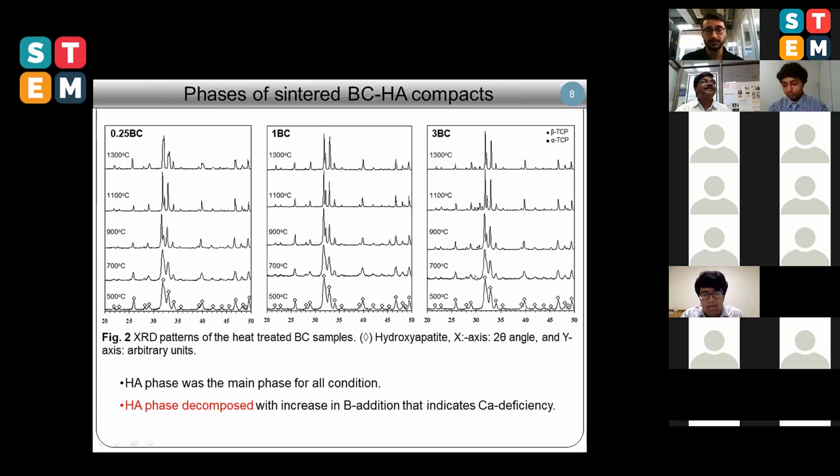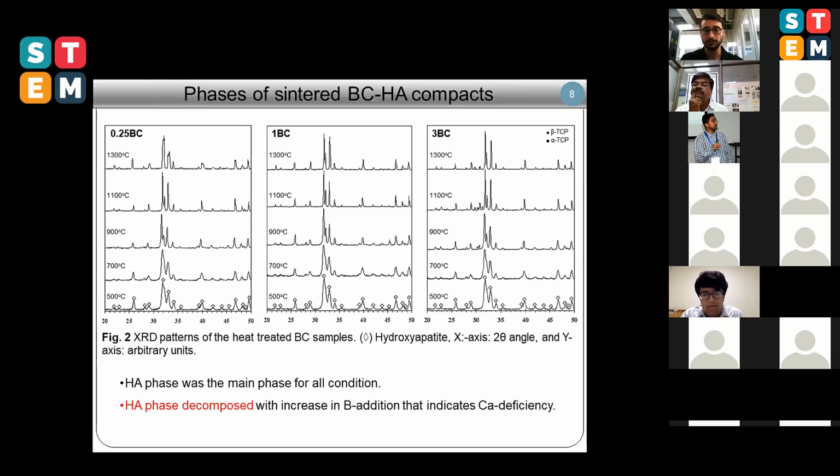Next, we characterize the phases of the calcium deficient hydroxyapatite, which we call BC hydroxyapatite. Increasing from left to right, the boron content increases. With increasing boron content, especially at the 1100 and 1300 sintering temperatures, we observe some decomposition of hydroxyapatite to alpha TCP or beta TCP.